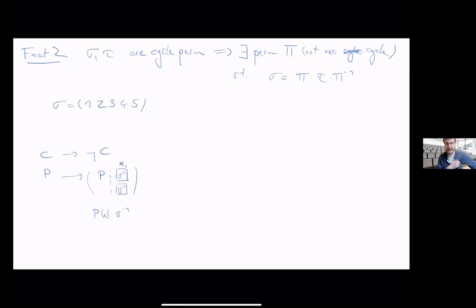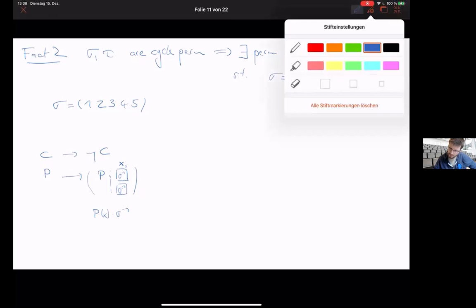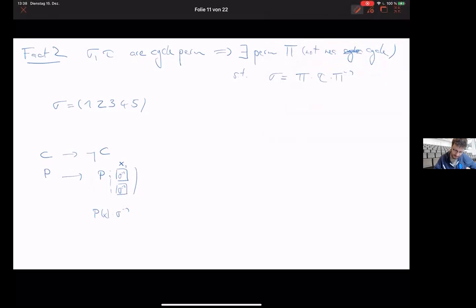Now I have the claim that this program computes the negation of whatever P computed. This is not quite there yet, but we'll see. This is almost there.